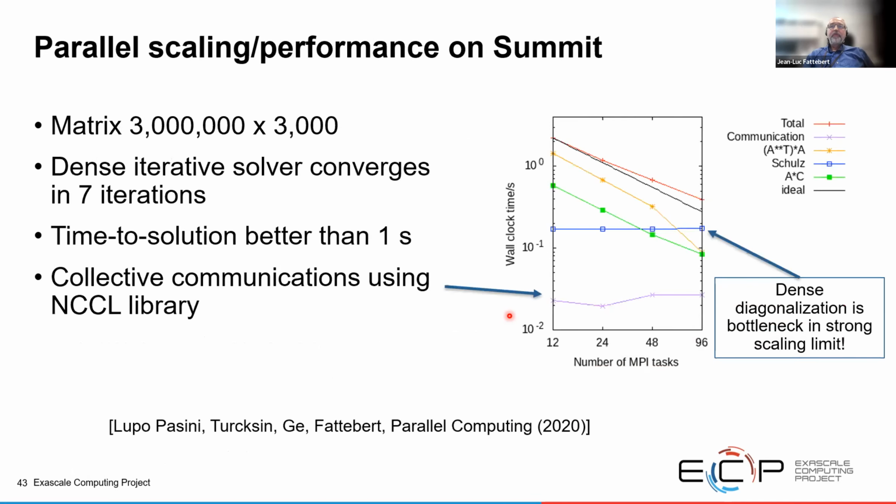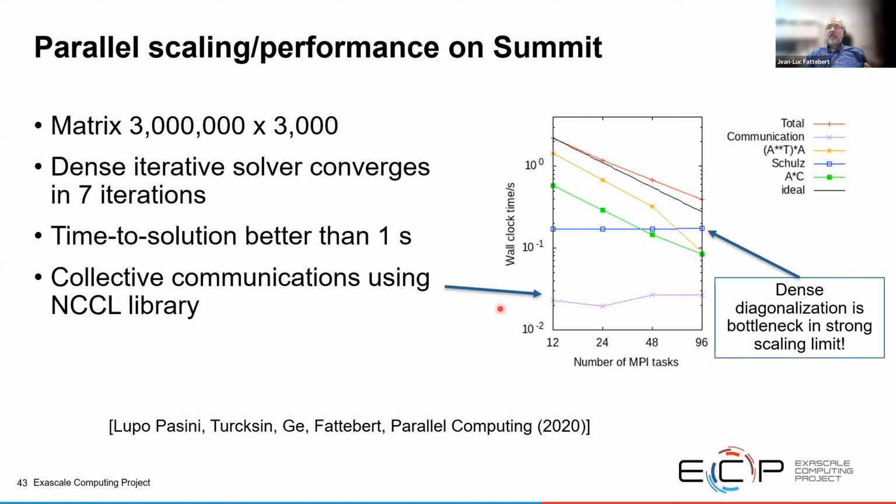And then what we showed in practice is that if you have a very tall and skinny matrix and you can distribute it, suppose you have as many processors and GPUs as you want, and you try to strong scale your problem, this square dense diagonalization is a bottleneck more than the communications.